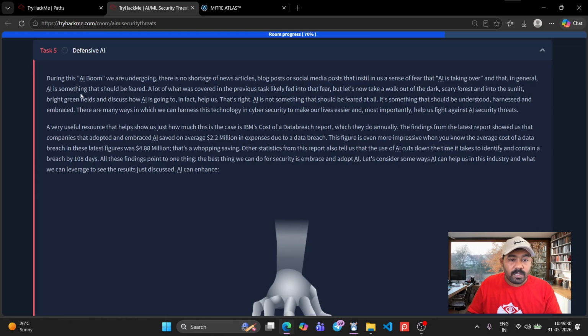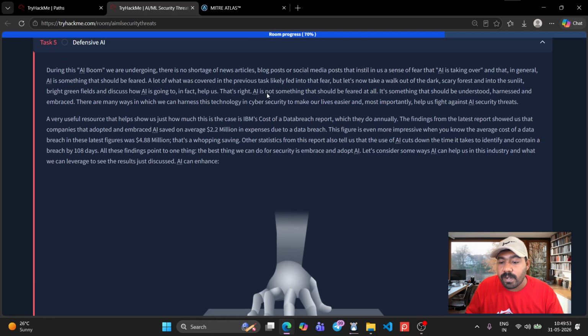Defensive AI. During this AI boom we are undergoing, there is no shortage of news articles, blog posts, or social media posts that instill a sense of fear that AI is taking over, and that in general AI is something that should be feared. A lot of what was covered in the previous task likely fed into that fear.